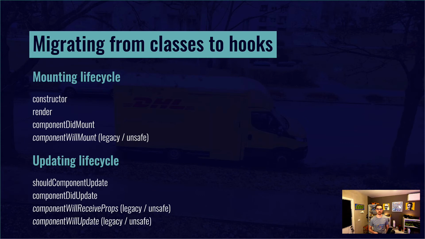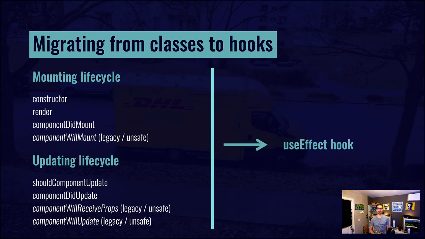You also see some unsafe ones, that are the ones that are labeled unsafe today. In the past, you could use them, so best to not use them anymore. But if you want to move, there's only one hook that you need to use, and that's the useEffect hook.